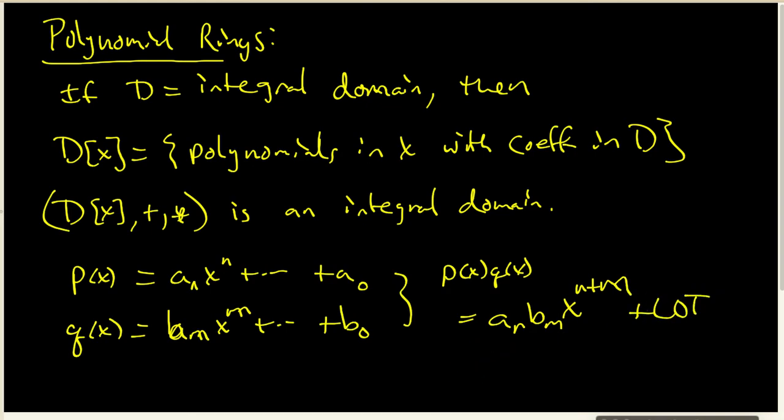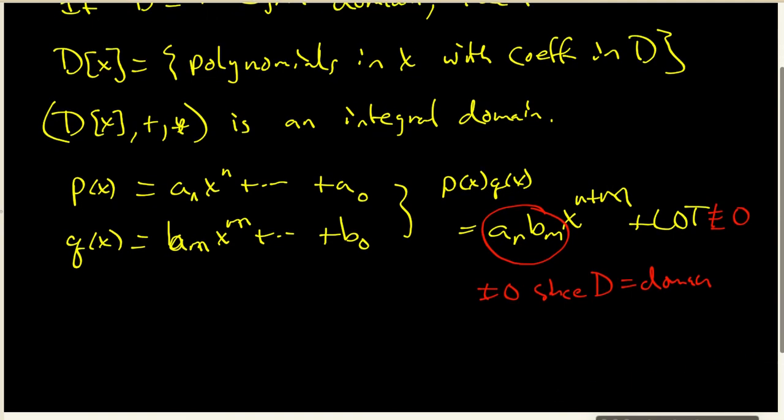But the important thing is that this leading coefficient is not equal to 0 since D is a domain, and that says that this polynomial is not the zero polynomial. And so that's enough to say that any ring of polynomials where the coefficients are drawn from a domain is itself an integral domain.